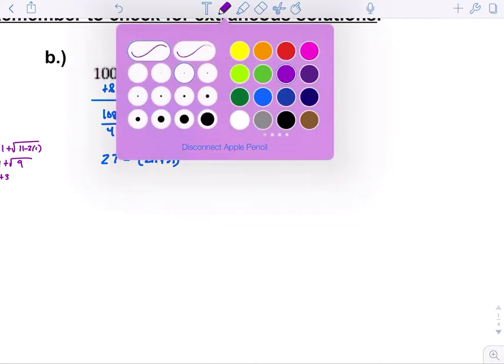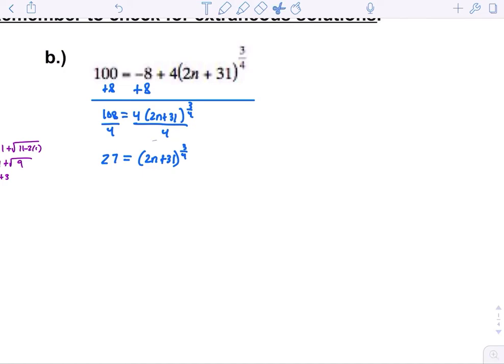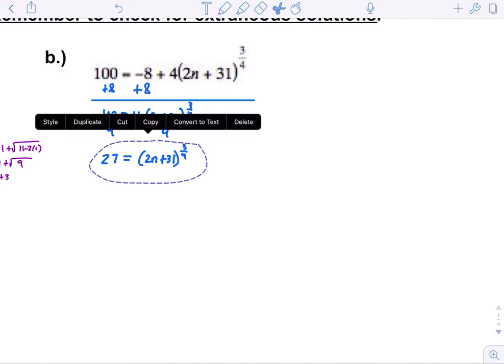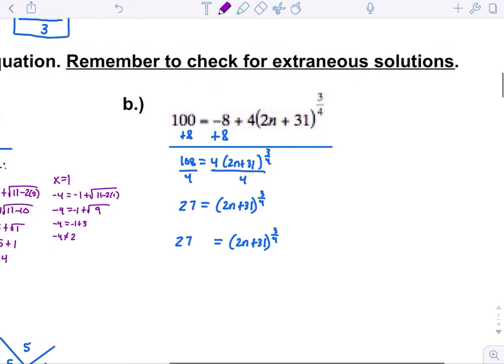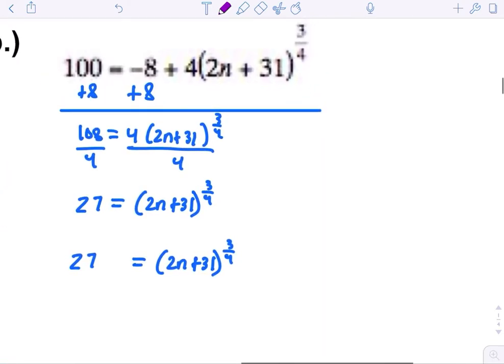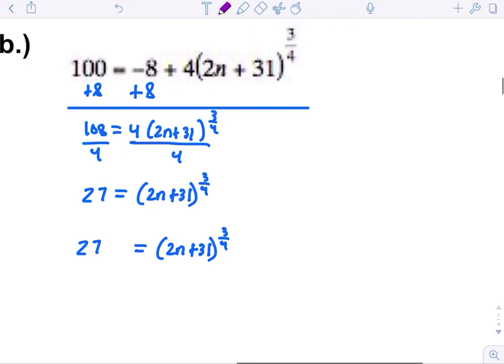Now, in order to get rid of that 3/4 power, you have to raise both sides to the reciprocal of that power. The reciprocal of 3/4 is 4/3, so I'm going to raise both sides to the 4/3 power.